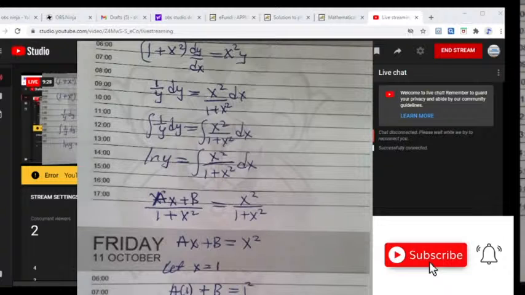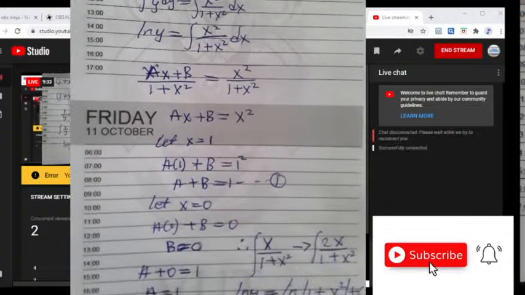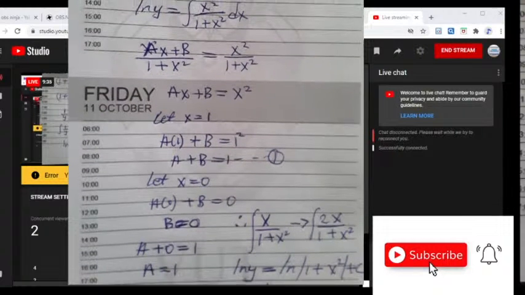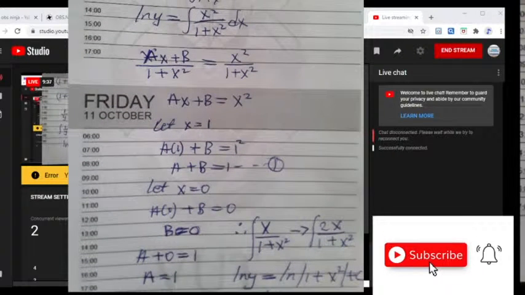After you multiply both sides by the denominator, you are going to have ax plus b equals x squared.